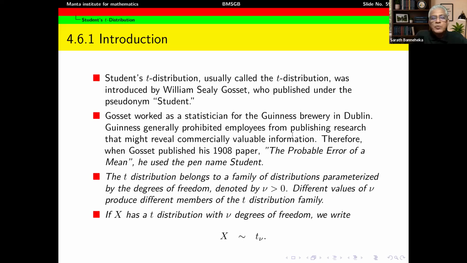Different values of nu produce different members of the t distribution family. Now, if a random variable capital X has a t distribution with, say, nu degrees of freedom, then we write it as X has a t nu distribution, where the degrees of freedom is written in the subscript.